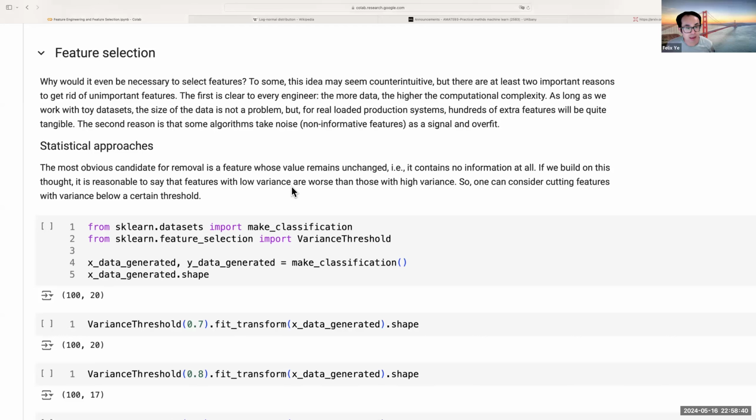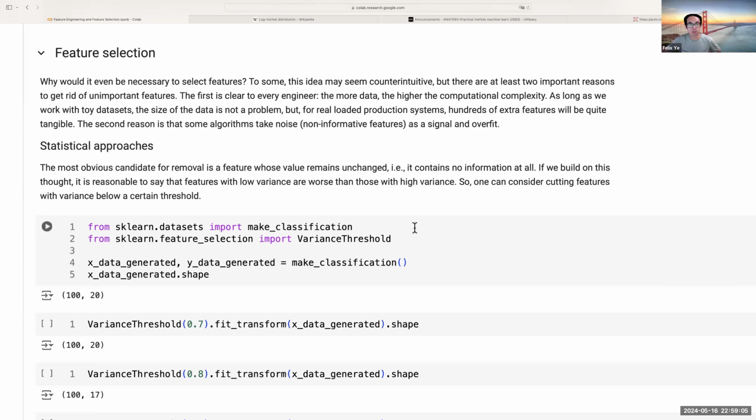One way that we can do this is to remove those features whose values remain unchanged, which means they have no information at all. Basically, if the values move along a straight line, it has no information.